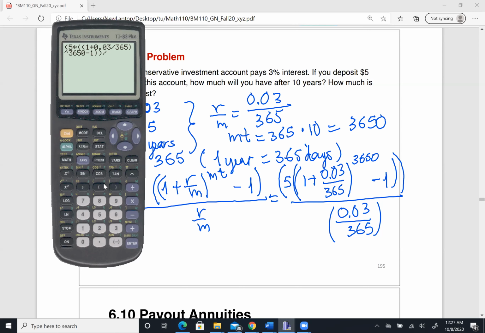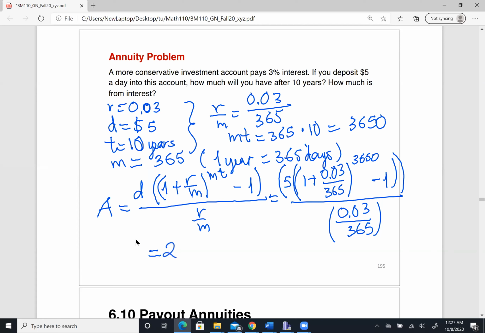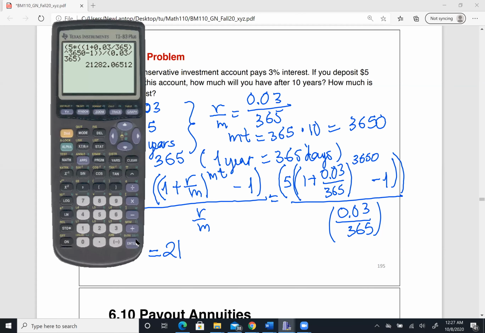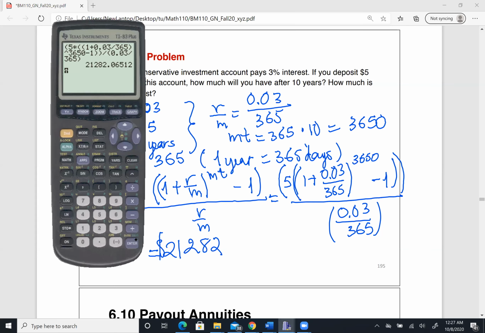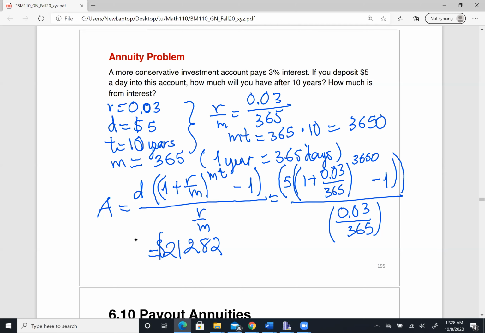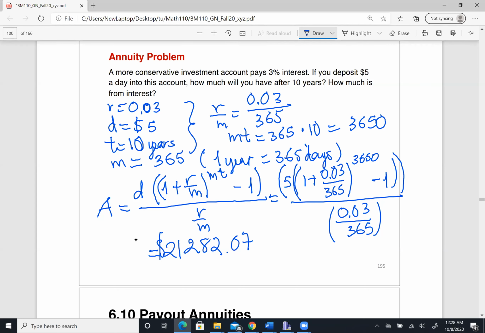Also at the bottom you need a parenthesis with 0.03 divided by 365, then close the parenthesis and enter. That should be the answer. The amount you will have after 10 years is $21,282.07.